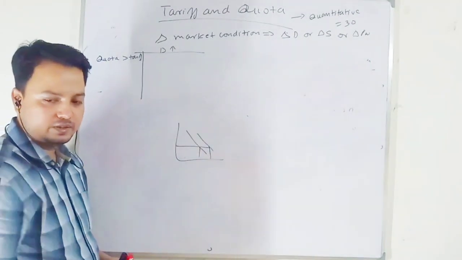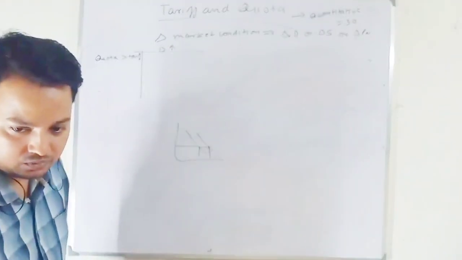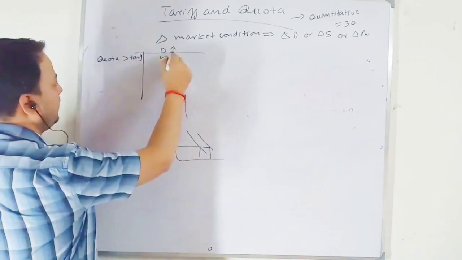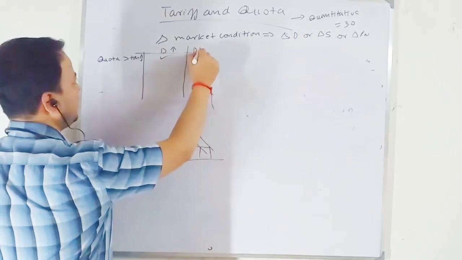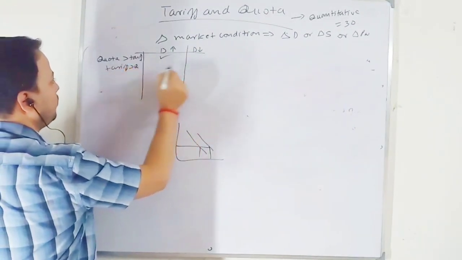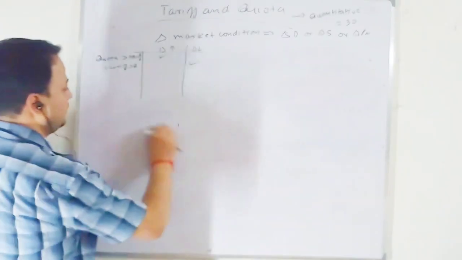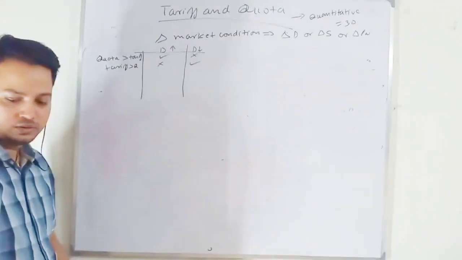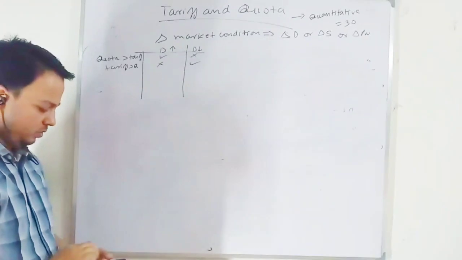So import is increasing, and tariff turns out to be less protective. So when demand increases, quota is more protective than tariff. In the reverse case, when demand decreases, tariff is more protective than quota. You can look at this sign. You have to remember the argument, then it will be okay. Okay, second case.